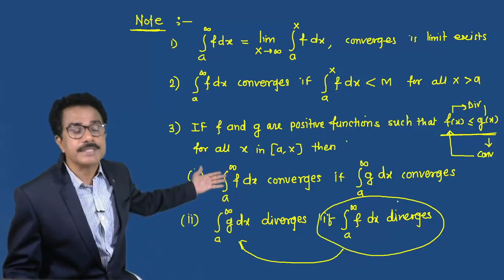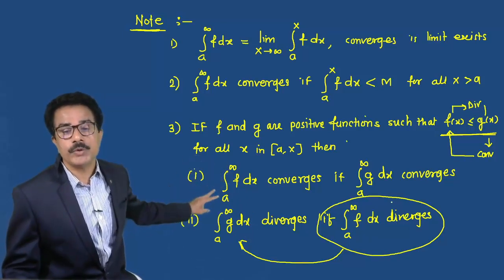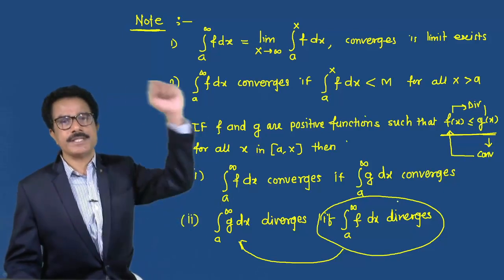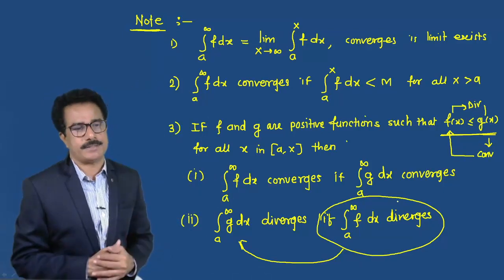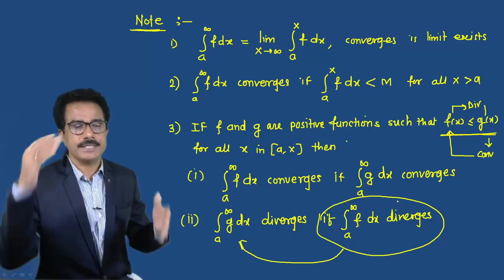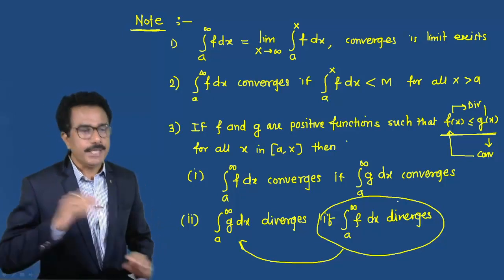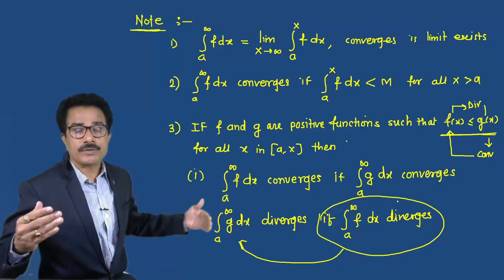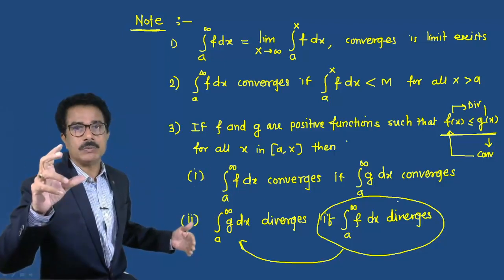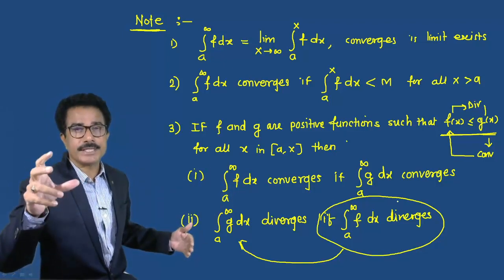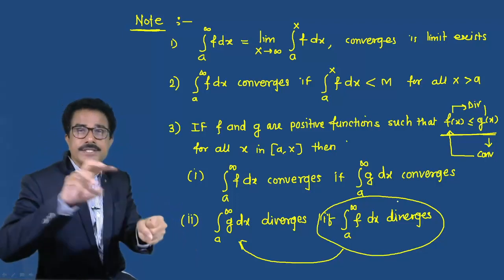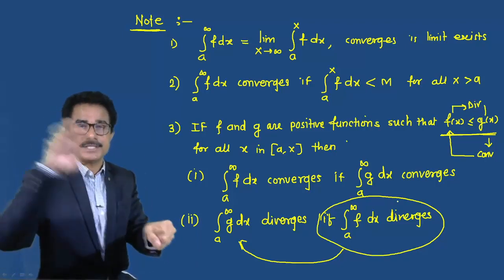According to this comparison test first, there are two possible results. If f of x is less than or equal to g of x, and g of x converges, meaning it has a real value because g of x is greater than 0, then f of x also converges because f of x is less than g of x.